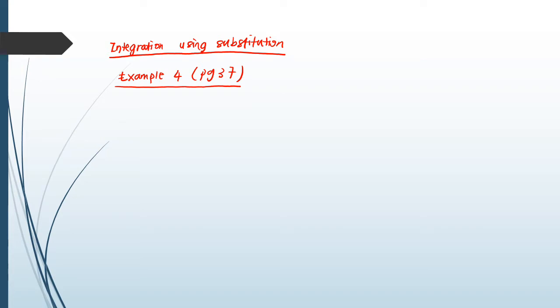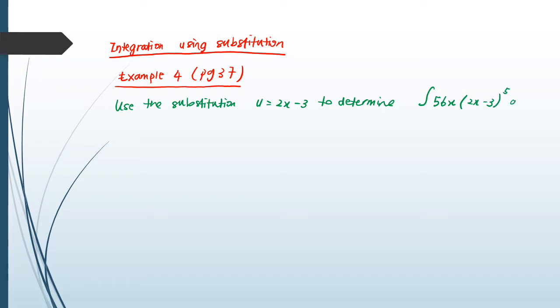What was given? You are required to use the substitution of u equals 2x minus 3 to determine the integral of 56x (2x minus 3) to the power of 5 with respect to x.